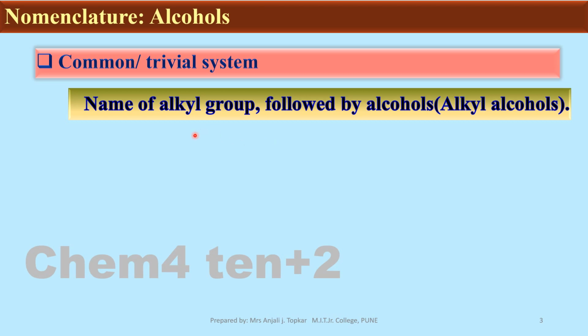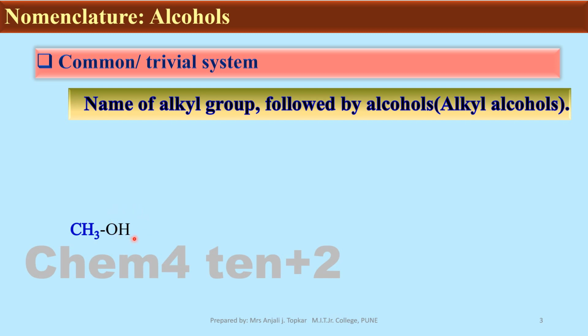As we know, the name of the alkyl group is to be followed by alcohol. Commonly, we can write it as alkyl alcohols. Let's see the example. CH3OH. In this, the alkyl group attached is the methyl group bonded to the OH group.